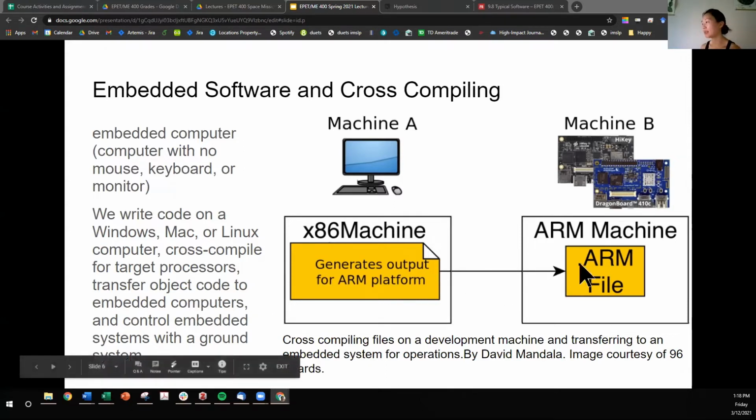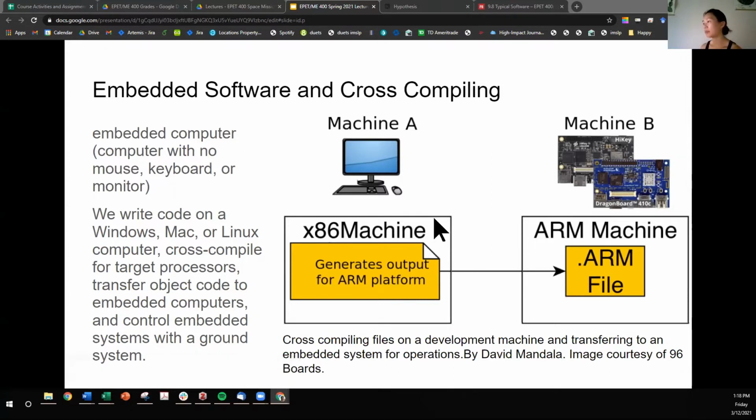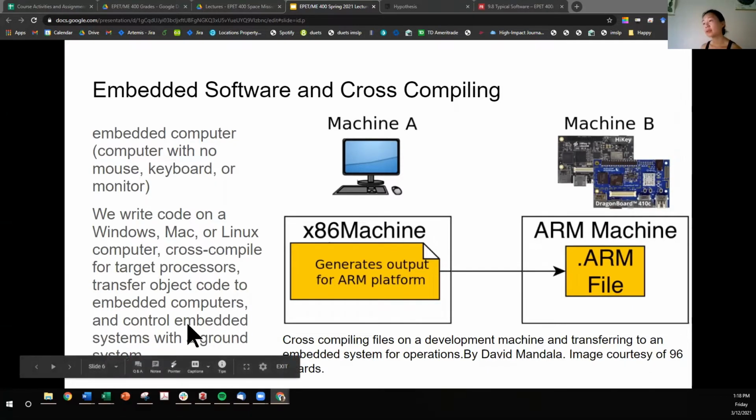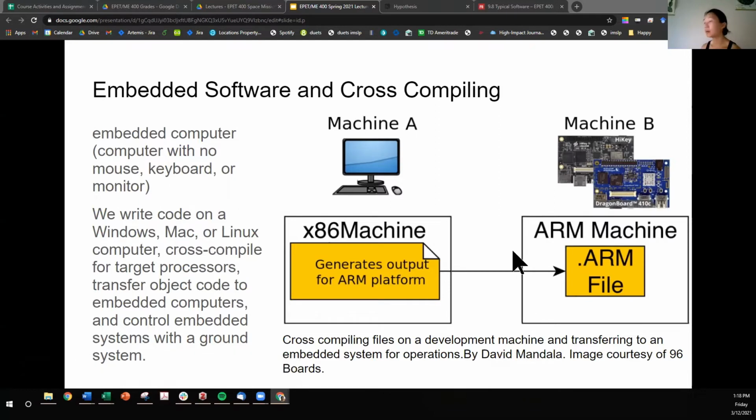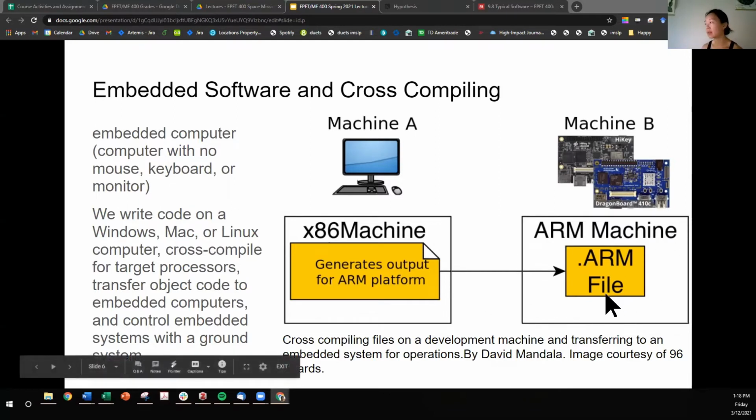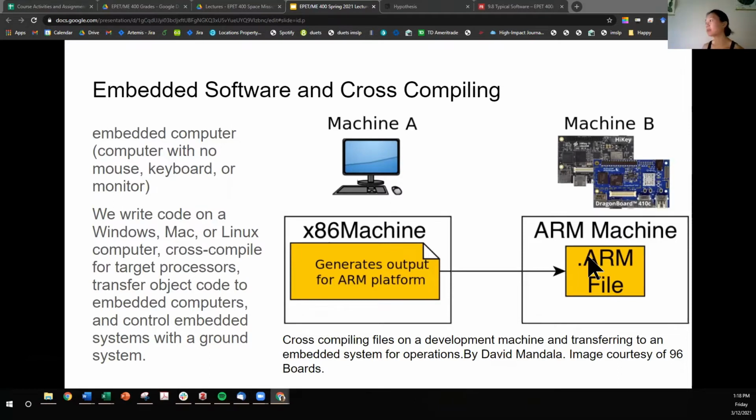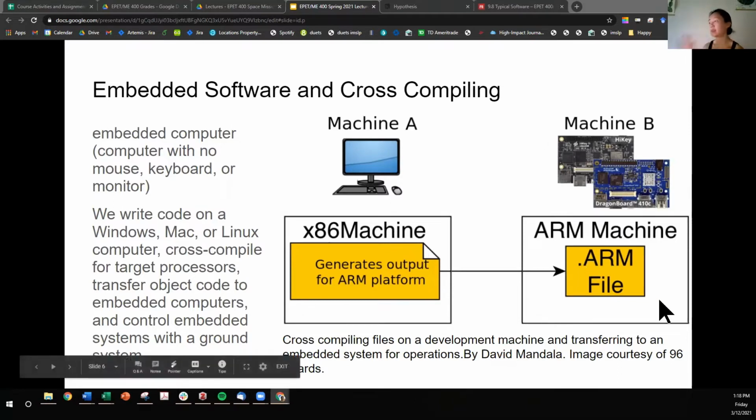So that's this step here, where the compiled programs get transferred to the embedded computer. And then you can control the embedded system with a ground system. So you're doing it wirelessly or wired through some kind of umbilical cord. But typically on a spacecraft, once we send it to space, it is through RF transmissions.